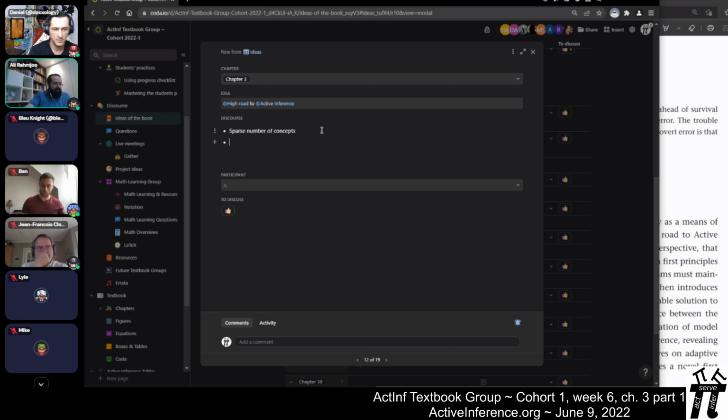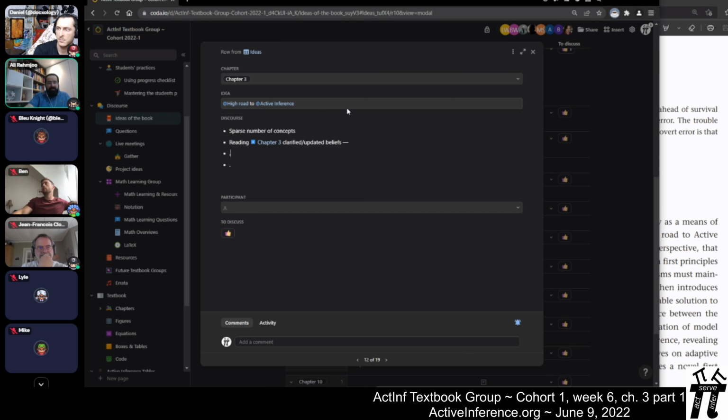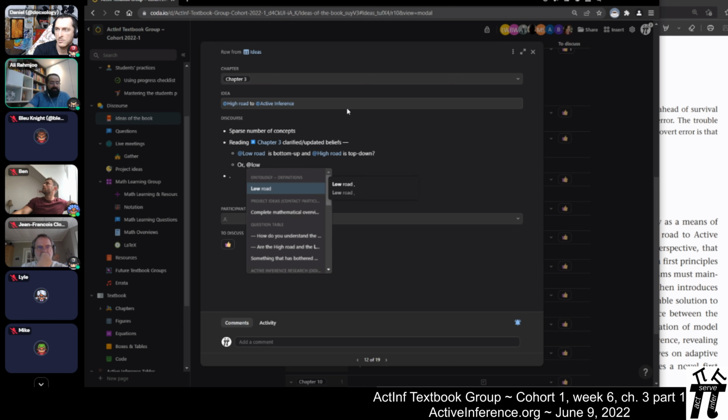Well, reading chapter 3 actually clarified my previously held, in fact wrong, belief that the low road was a kind of bottom-up approach and the high road is a top-down approach. But now I see that the low road was basically tackling the problem of active inference from the statistical and inferential point of view.